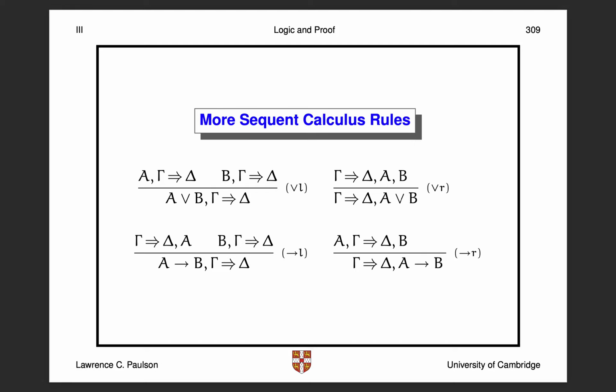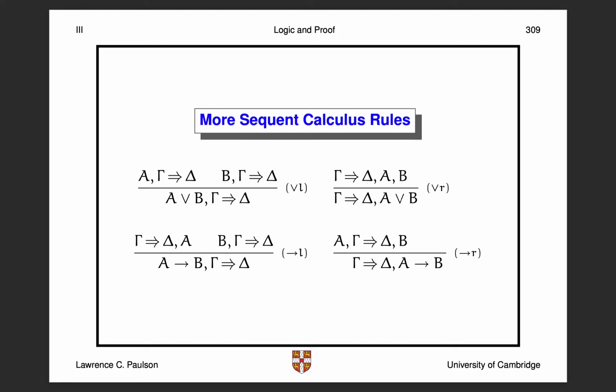As for the other rules, the implication on the right maybe will remind you of the natural deduction rule for implication that we've seen already, and it is the quite simple idea that if you are trying to show something of the form A implies B, then you can assume A and show B. The one of implication on the left is probably the weirdest looking one.